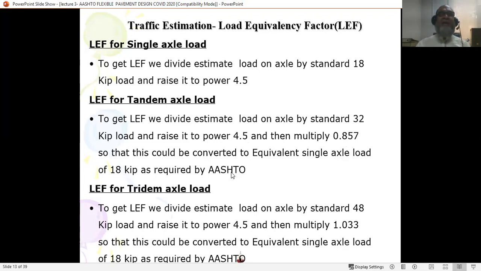This is required by the H2 method. Now for tridem axle, the standard load allowed is 48 kip. So we divide the given load by 48, raise it to the power 4.5 and then multiply by 1.033, so that this could be converted to an equivalent single axle load of 18 kip as required by the H2 method.